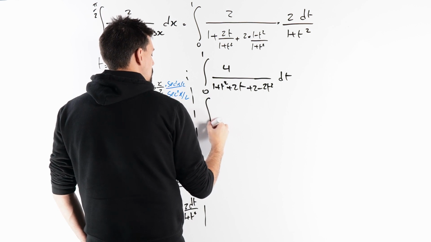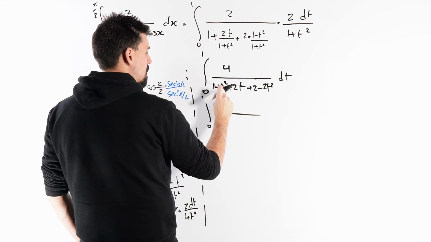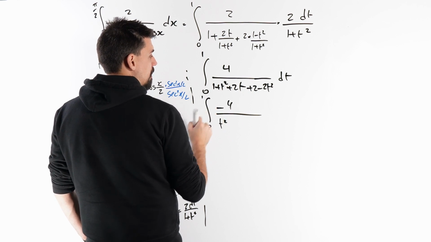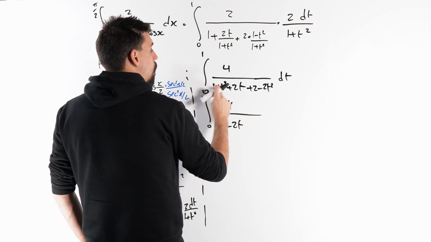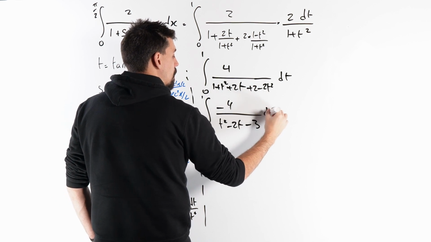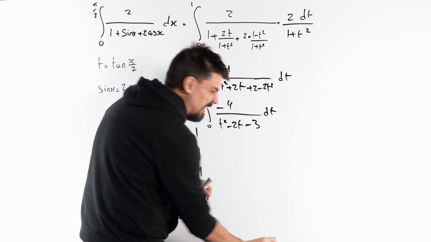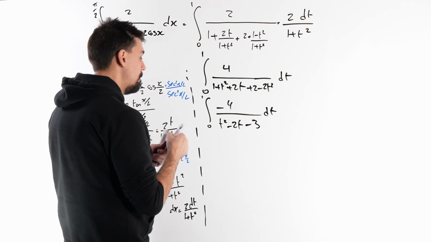Now then, this is 0 to 1. Now I'm going to bring a minus out, because I'm going to end up with a minus t squared. T squared minus 2t squared is minus t squared. I'm going to pop a minus out here, plus 2t plus 3. Now, the reason for this is basically because I find it much, much easier to factorize this. That's why.